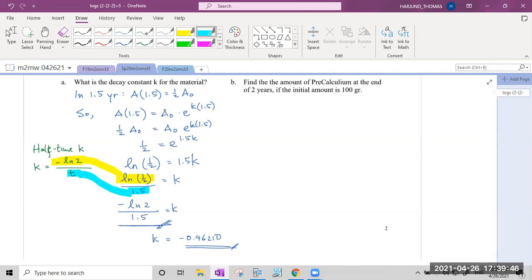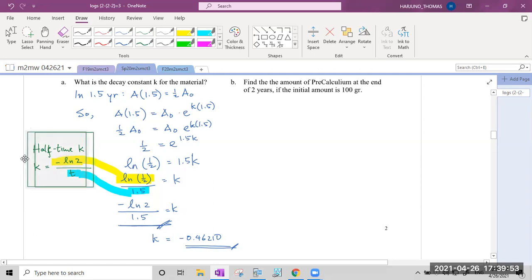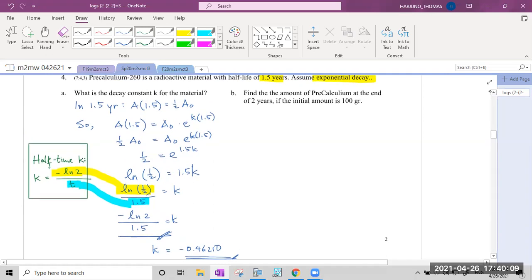In other words, if you happen to memorize the formula, you can just use this, which I did with that class. I gave them the formula. Some of them remember that, some of them don't. Now, find the amount of this radioactive material at the end of 2 years if the initial amount is 100 grams. Let's write down the formula first.